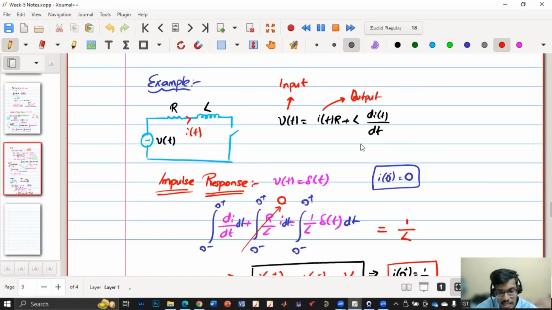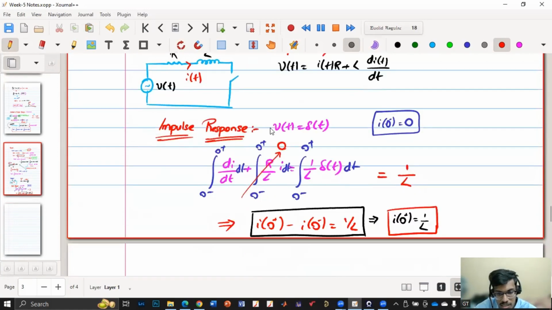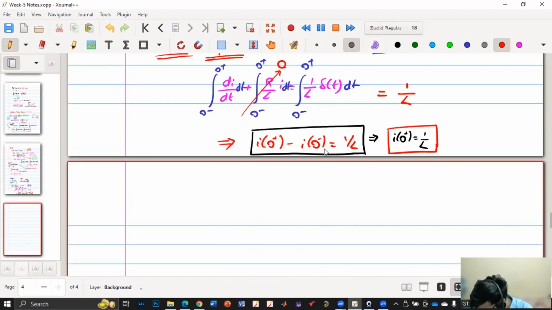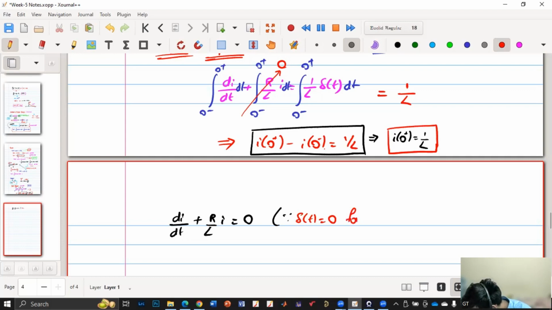For t greater than 0, my RHS, delta of t, is 0, right? So I'll rewrite this equation as di by dt plus R by L times I is equal to 0, because delta of t is 0 for t greater than 0.